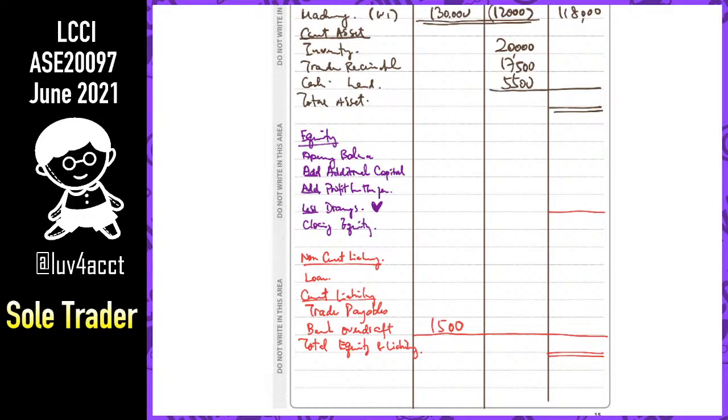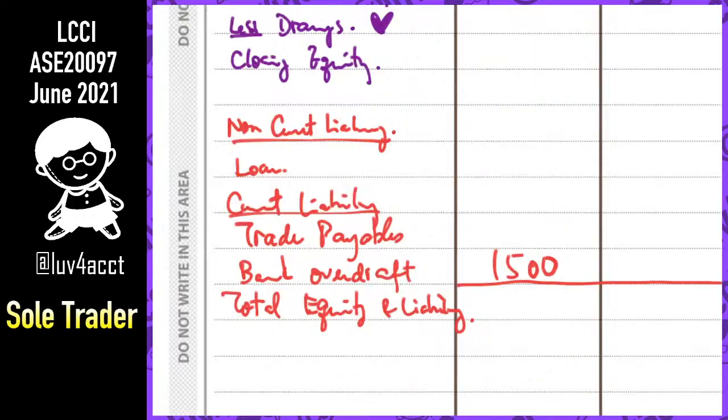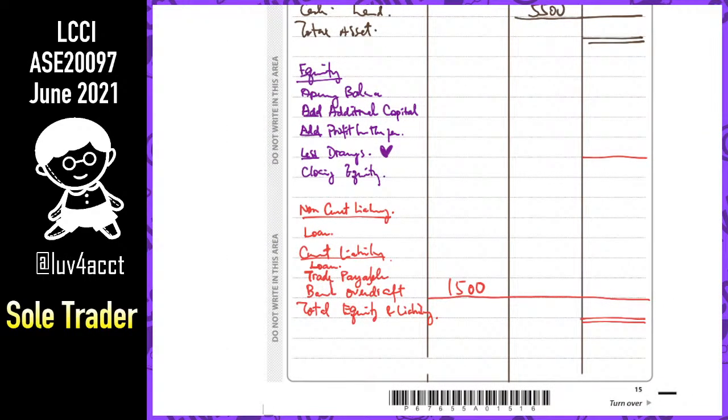I realized one more thing. We have to add one more item. Let me erase this first. Trade payables, because we have the loan here. I almost forgot. So trade payables 9,000.